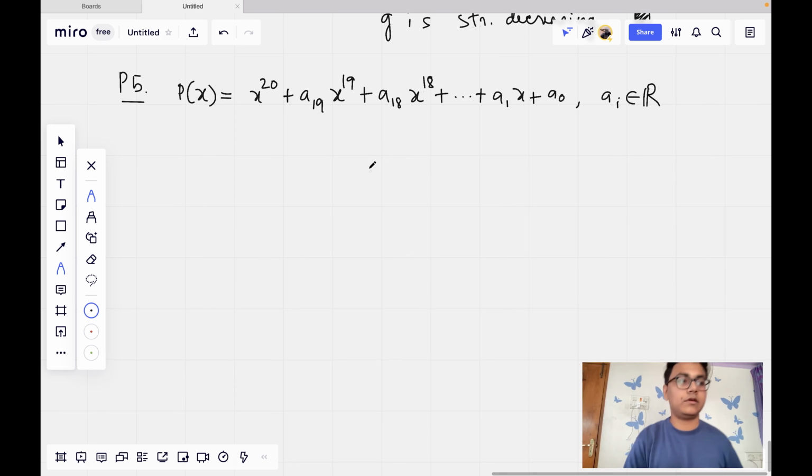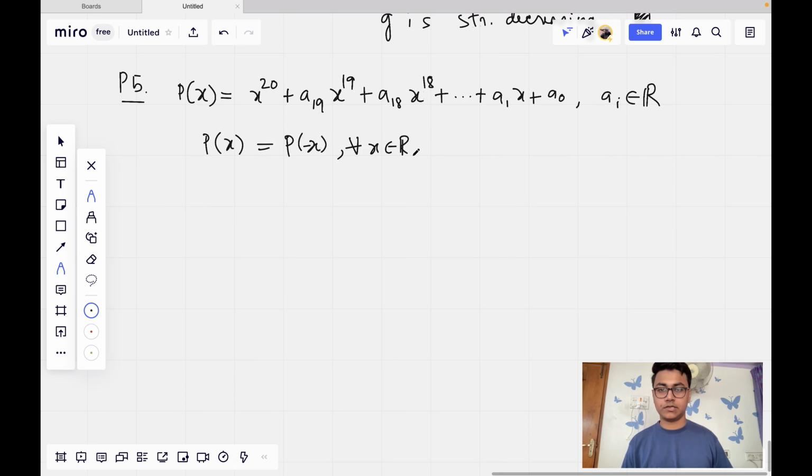We are given that p of x is equal to p of minus x for all real numbers x.